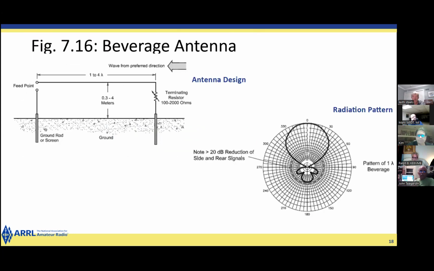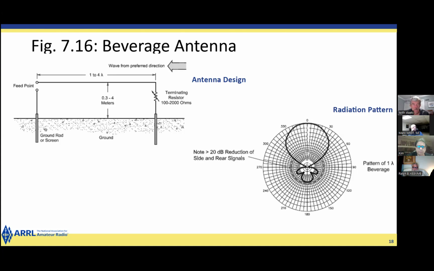There's a diagram about it, what it looks like. You've got to have a lot of land to put one of these up, or have very accommodating neighbors. But if you live in the country, it's a great antenna to put up.